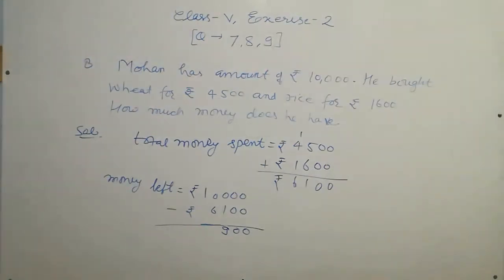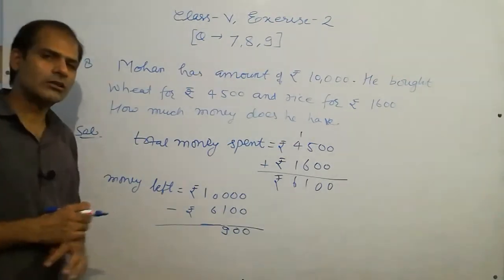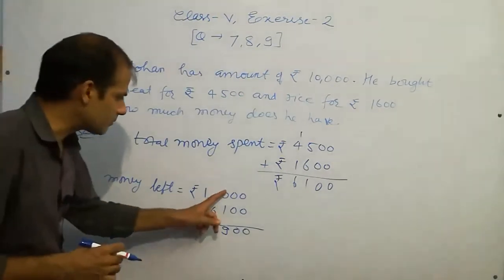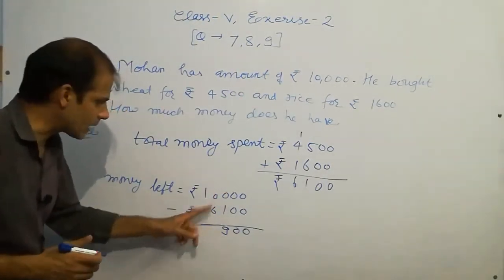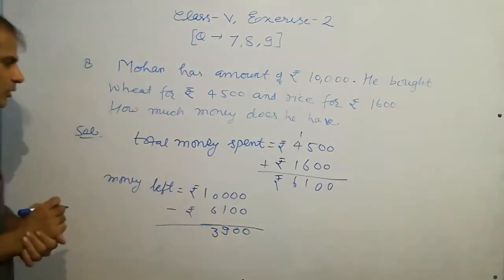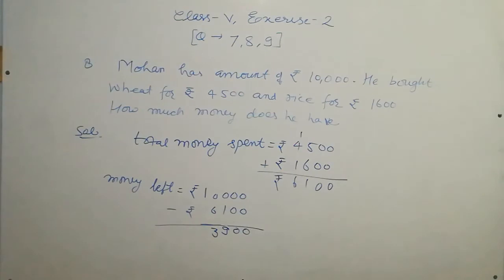As I told you, if there are continuous zeros, then you can just convert all the zeros into 9 and the last 0 into 10. So this becomes 10 minus 1, 9. 9 minus 6, 3, and this one becomes 0. Then the answer will be 3900.